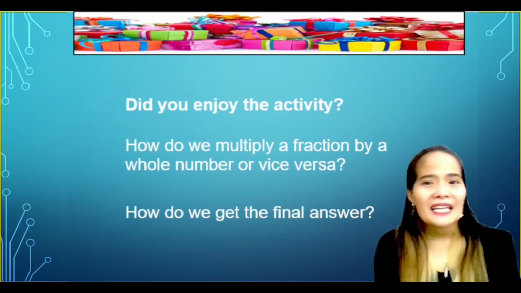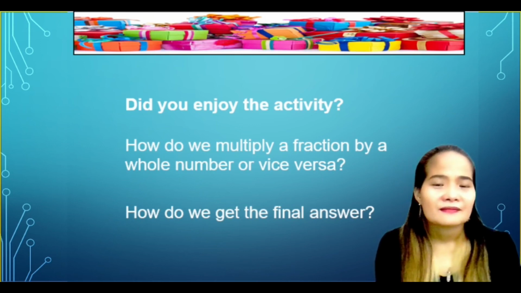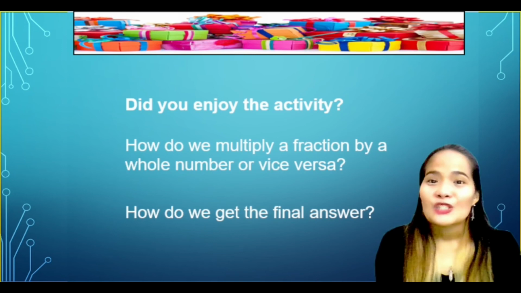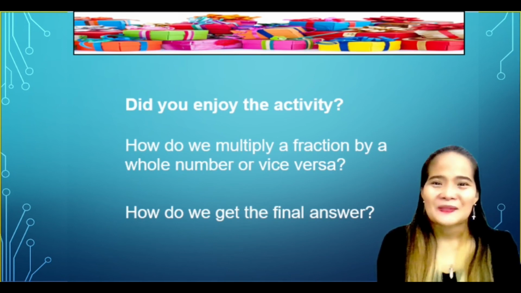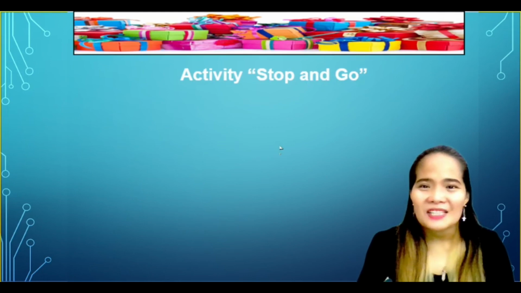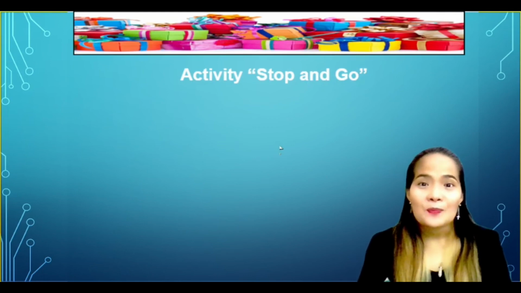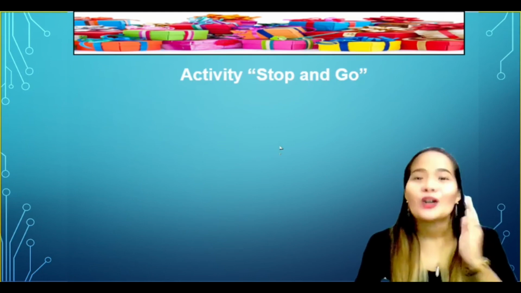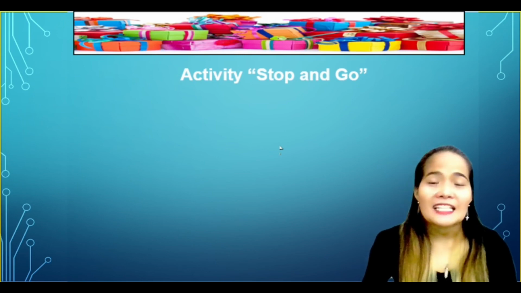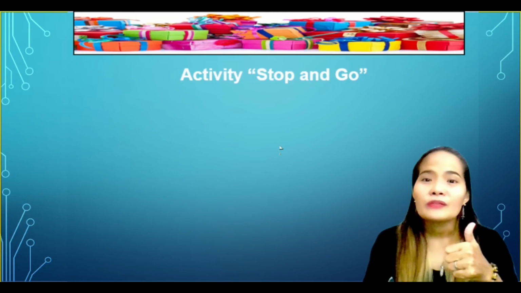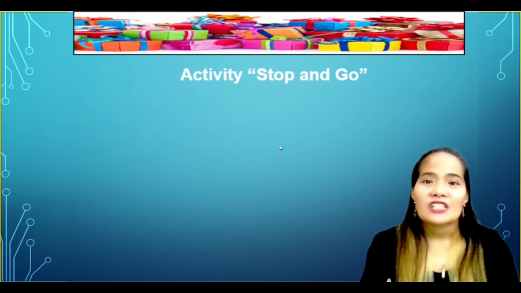So, how do we get the final answer? That is correct. You have to get the lowest term of the fraction. For our next activity, we have stop and go. If the answer is correct, you will say go, and if the answer is incorrect, you will say stop sign.